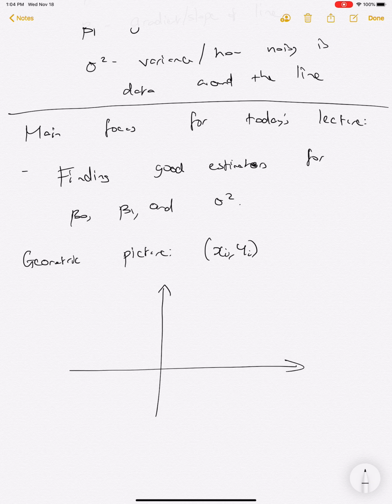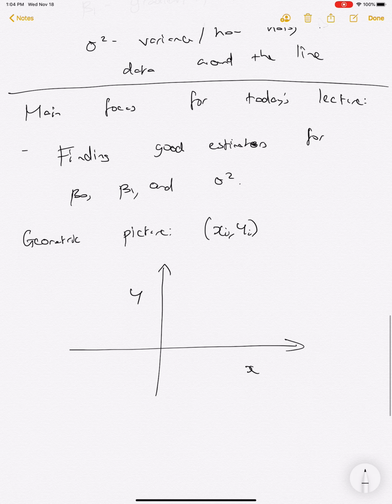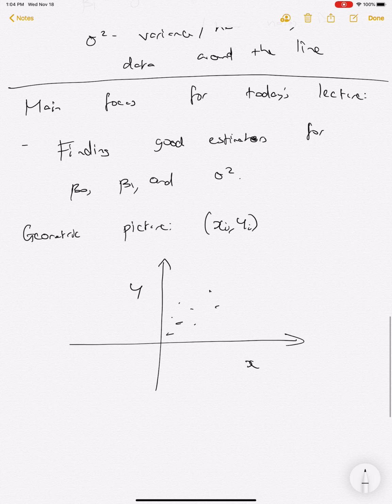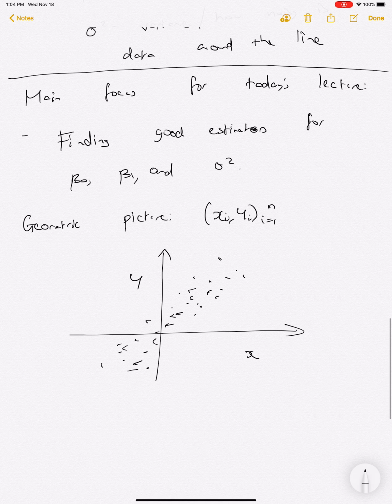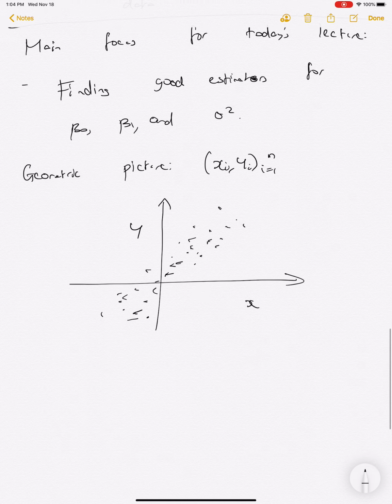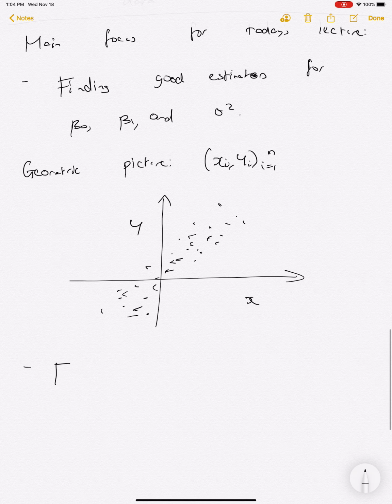You can imagine that you have your x here and your y, and then a whole bunch of points like this. This is what your data might look like. The broad question you're trying to ask is to find a line that best fits this data.